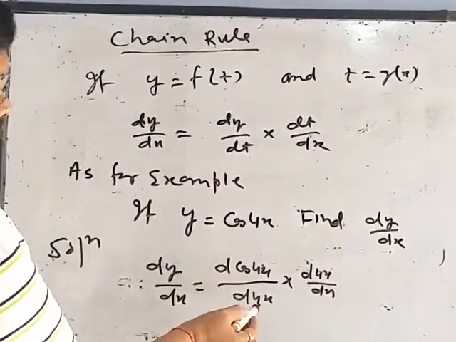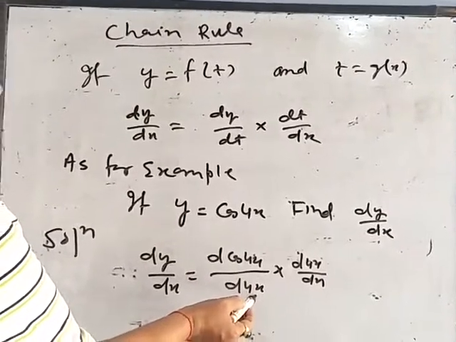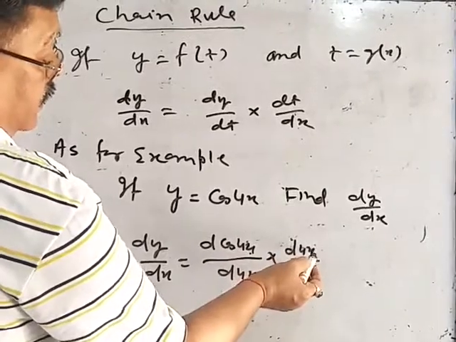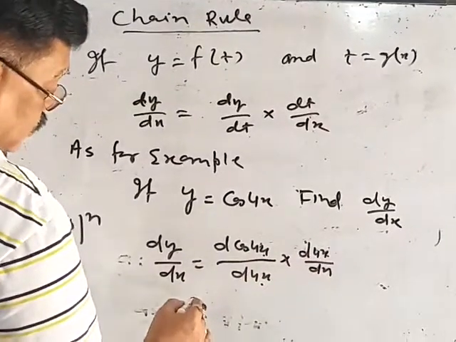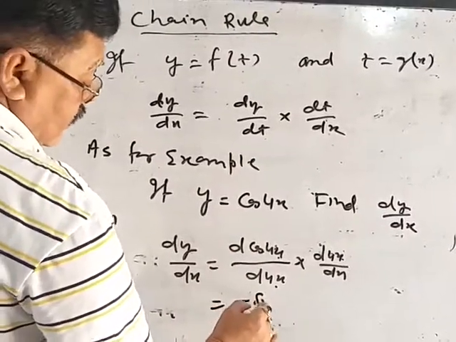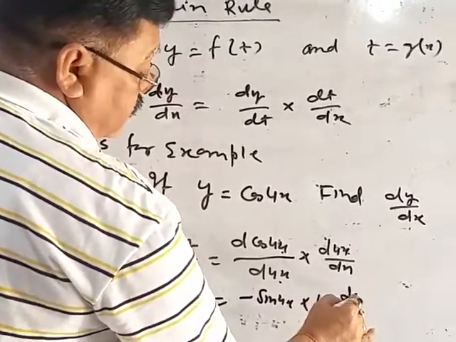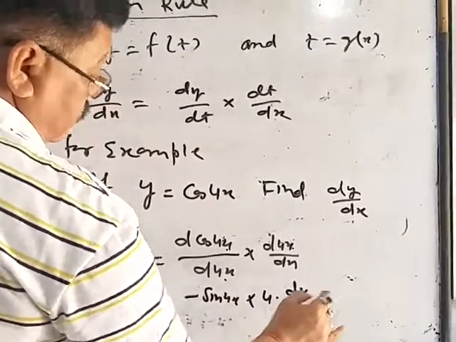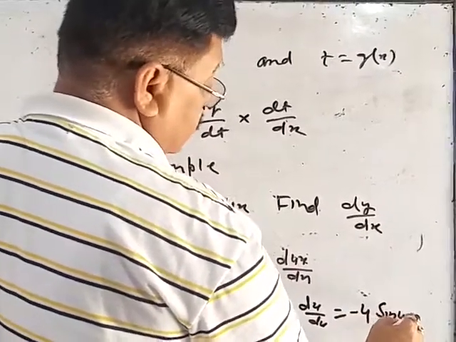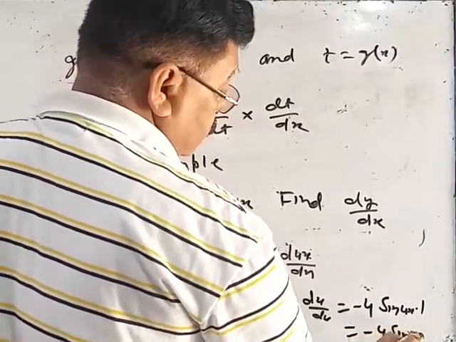Cos 4x depends upon 4x, so we differentiate cos 4x with respect to 4x, and 4x depends upon x. So cos, you know the rule formula, it is minus sin 4x, and the constant is outside, d x by dx, so minus 4 sin 4x into 1, that is minus 4 sin 4x.